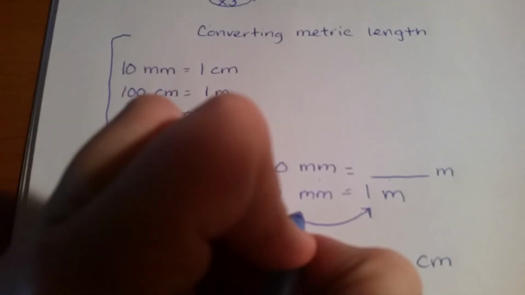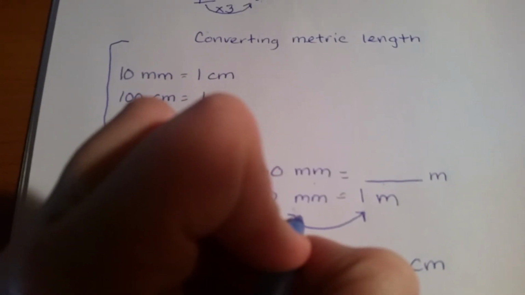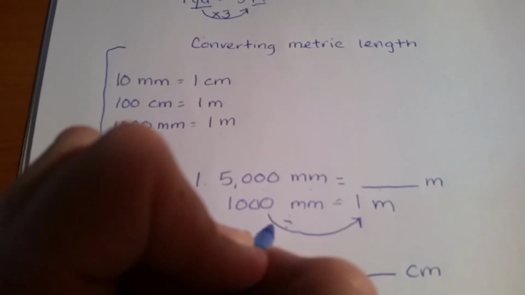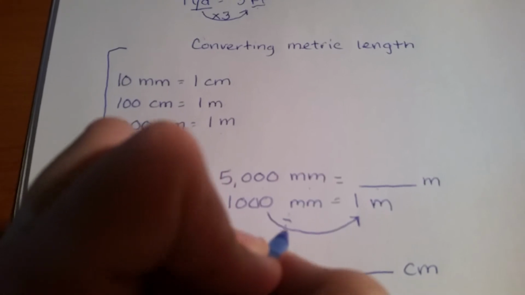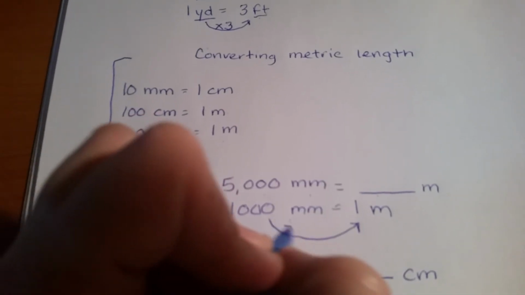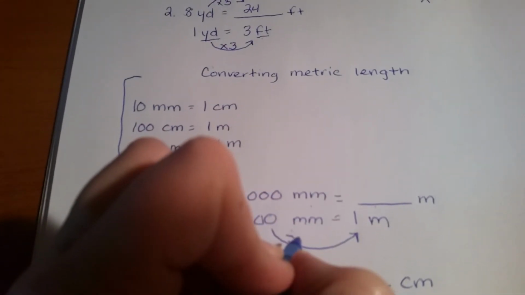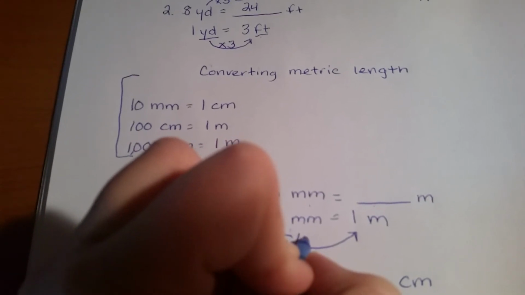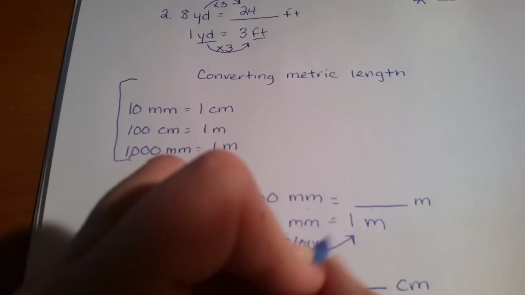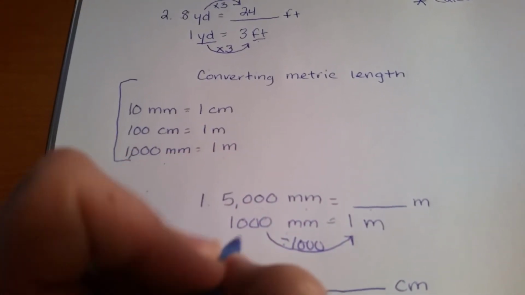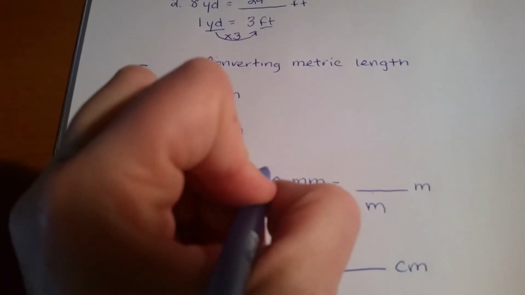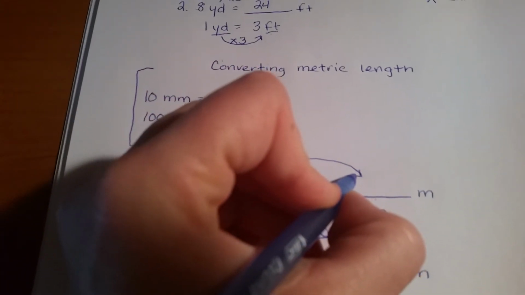Okay, so I'm going to divide by what? Well, 1,000 divided by 1,000 gives me 1. So I'm going to do the same thing up top.